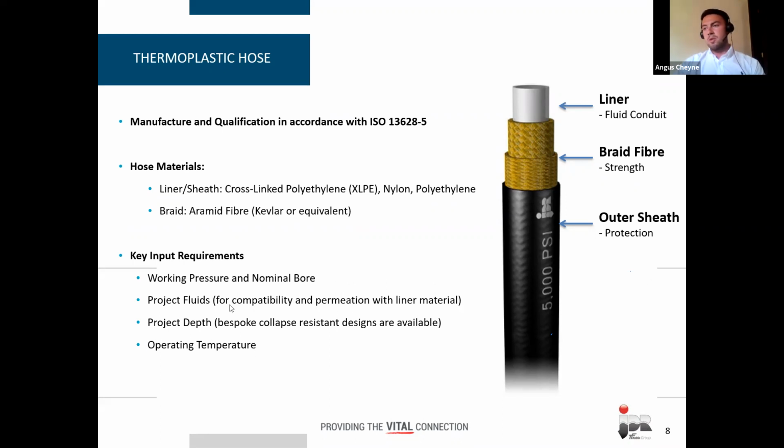So it's important that we understand the fluids and their operating conditions so that we can review aspects such as compatibility and perhaps the permeability with the liner material. It's also important to look at the project depth in terms of the hose collapse. Operating temperature is also important, and this feeds into compatibility, which we'll lead on to in the next slide.